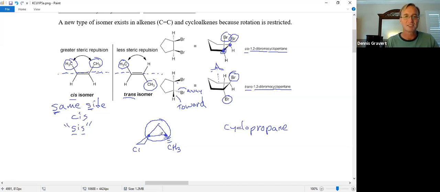There are no more branches, so alphabetical order wins. Chloro is the name of the group on the branch on the left, and methyl, M, is the name of the group on the right, so C wins. This is carbon 1, this is 2, and then this has to be 3, but I don't even need that because there are no groups on 3.